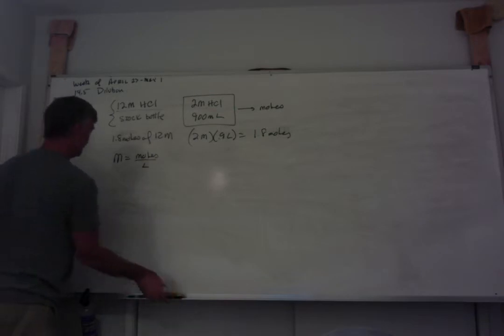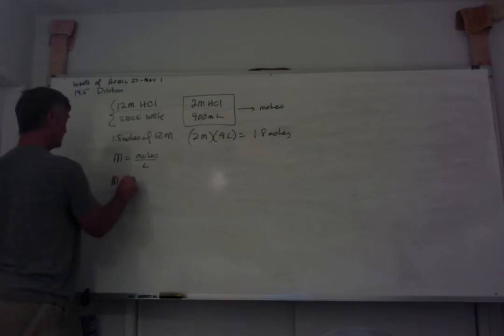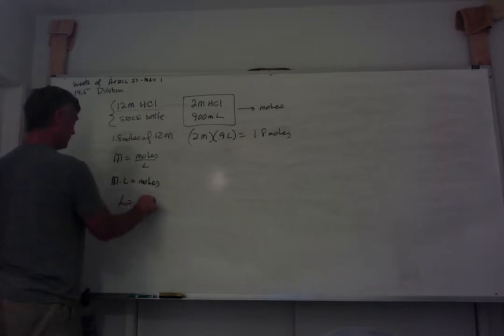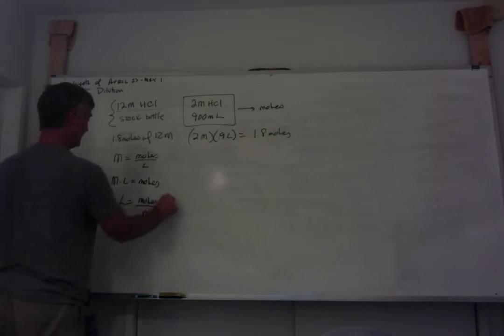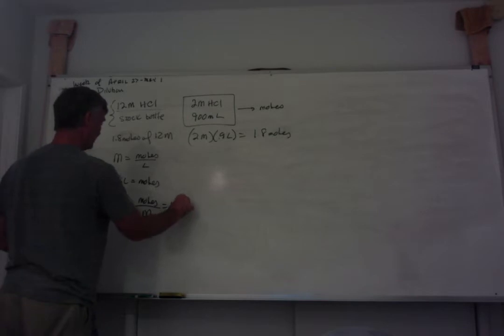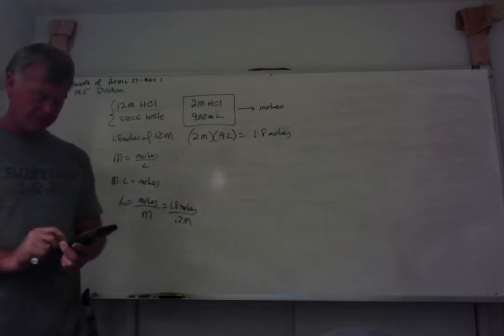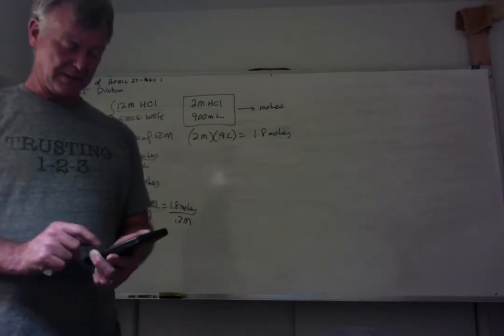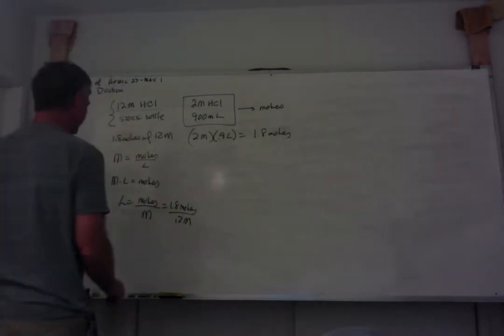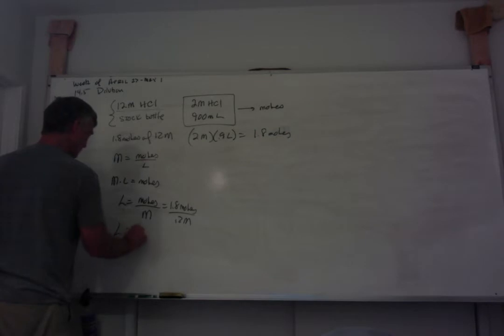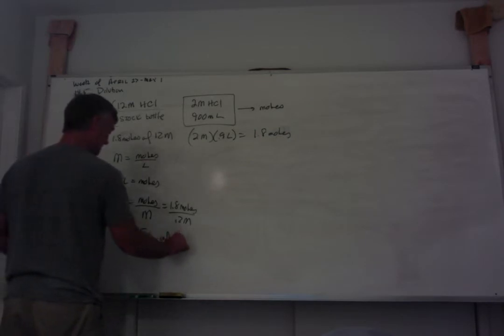Molarity is moles divided by liters, so molarity times liters is moles. So liters is moles over molarity, and I have 1.8 moles divided by 12 molar, and 1.8 divided by 12 is 0.15. So basically 0.15 liters of solution is what I need.